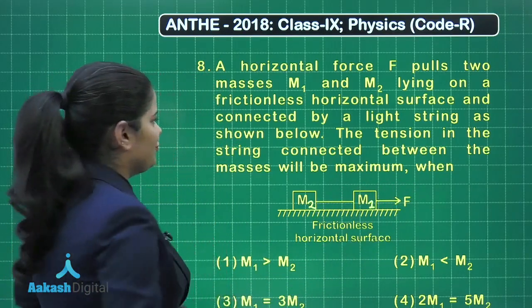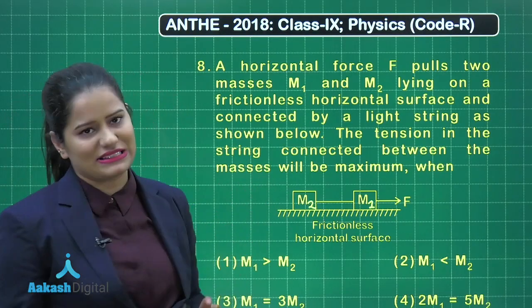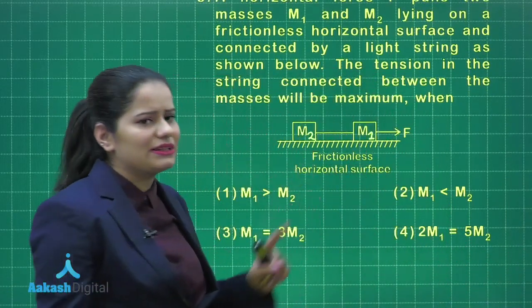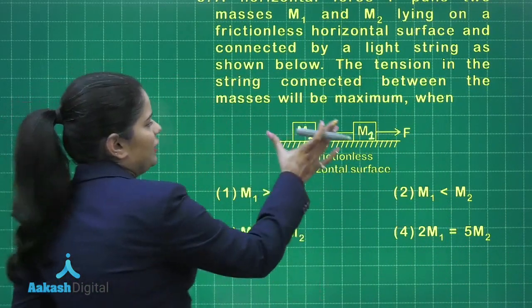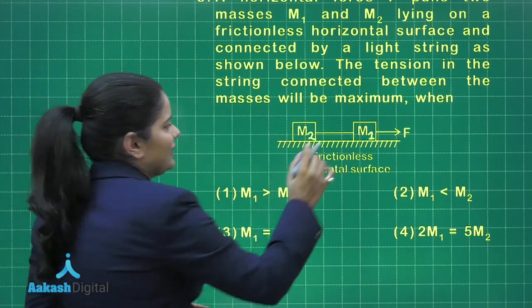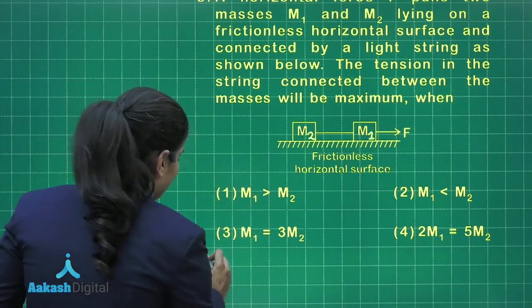Let's read the question further. The question says the tension in the string connected between the masses will be maximum. When? First of all, what is going to be the tension in this string? See, we know these both masses are going to move together and the acceleration is going to be F divided by m1 plus m2.